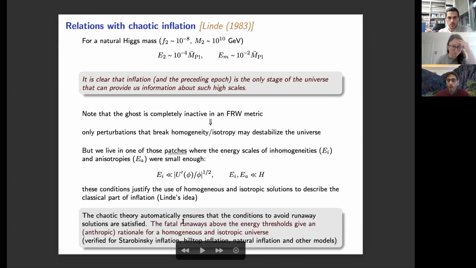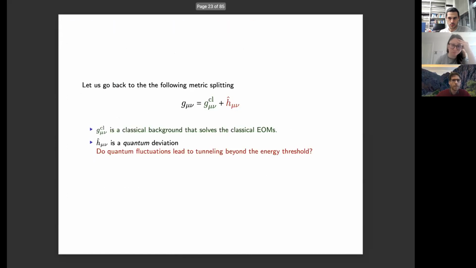So the fatal runaways above these energy thresholds give some anthropic rationale for a homogeneous and isotropic universe. When these are not satisfied, then we trigger the instabilities. And I verified this statement for several inflationary models like Starobinsky inflation, hilltop inflation, natural inflation, Higgs inflation, and others. I still have to find a model that does not fulfill this condition.